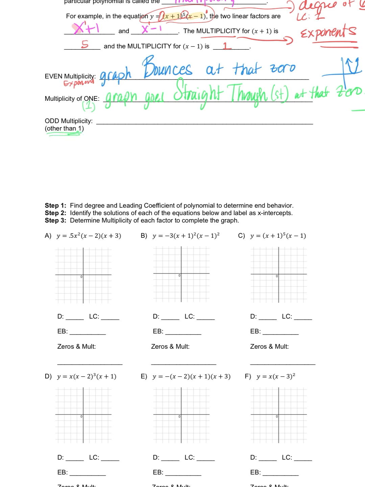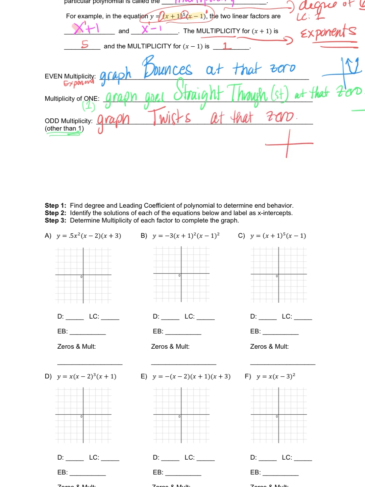Now odd. I know 1 is odd, but it's other than the number 1, so pay attention to that. Okay, the graph does a twist. The graph twists at that 0.